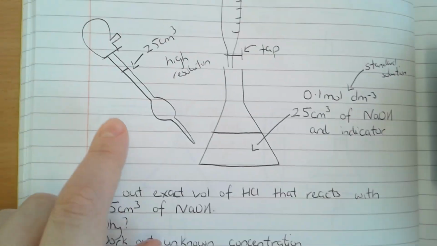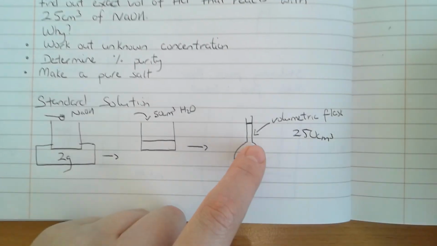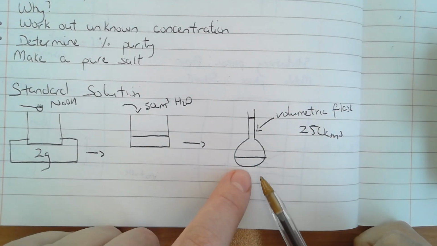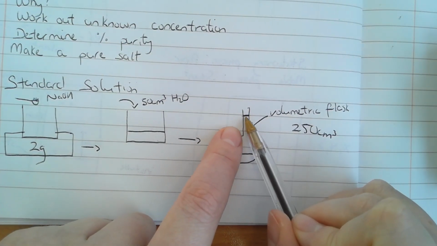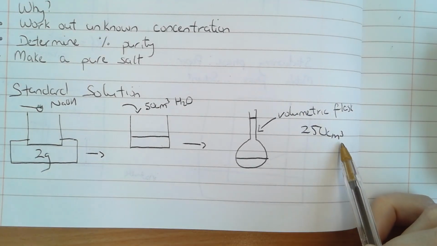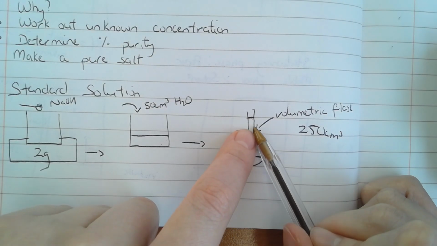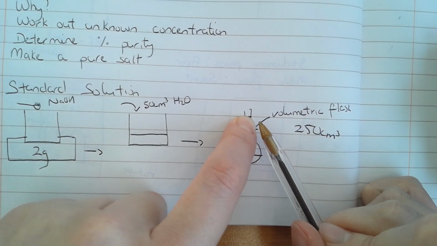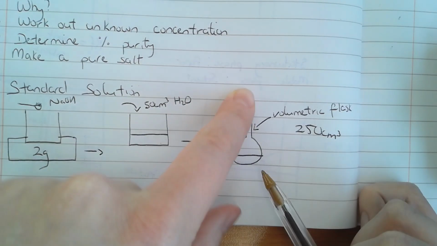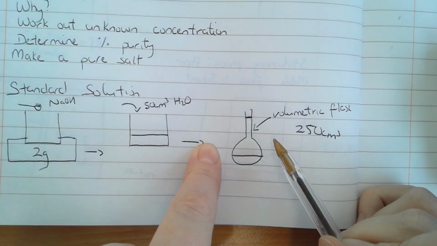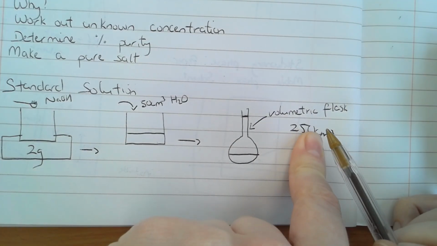So just like a pipette will only measure one volume, so will a volumetric flask. There's no lines on it other than this one line on the top, and it measures 250 centimeters cubed and nothing else. So you keep adding water all the way up to the line, and once you have it up to the line, you put a little stopper on it, you invert it a few times to make sure it's mixed, and there you have your accurate solution.